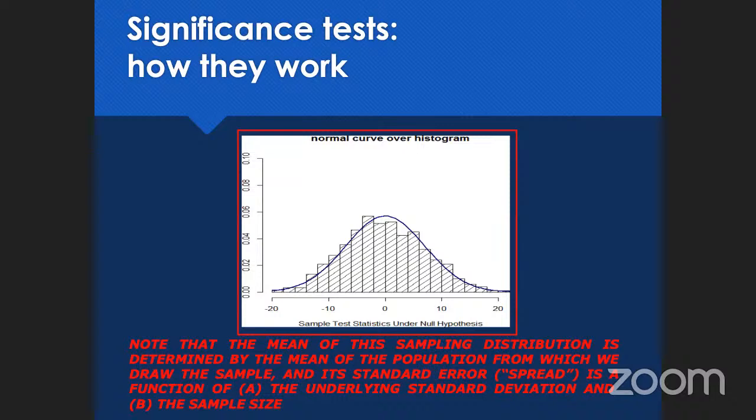We should note that the mean of this sampling distribution is determined by the mean of the population from which we draw the sample, and its standard error, the spread, is a function of the underlying standard deviation and also the sample size.